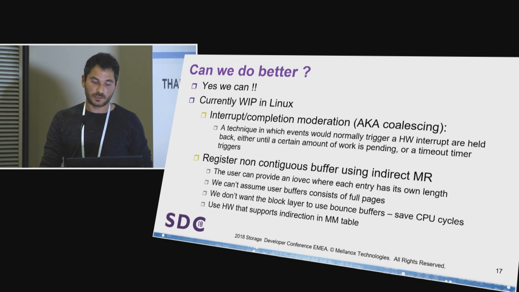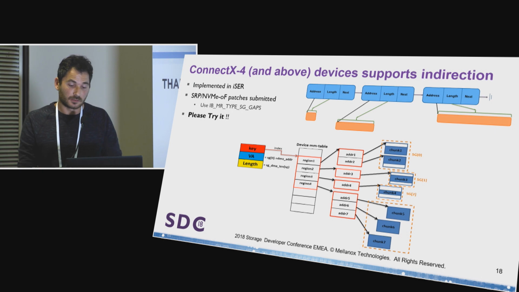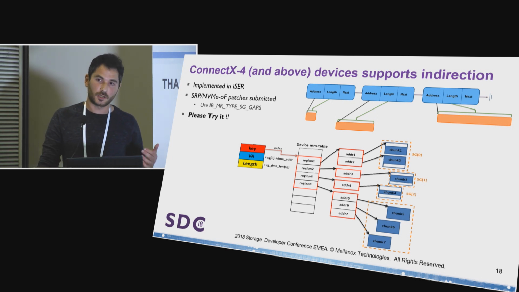The first one is interrupt or completion moderation. Somebody can call it coalescing. It's a technique in which the events that normally should trigger a hardware interrupt are held in the hardware.